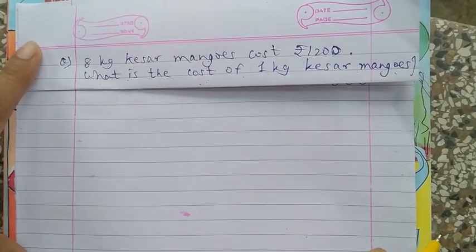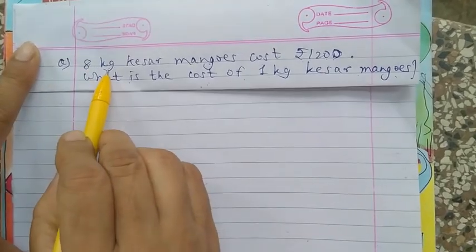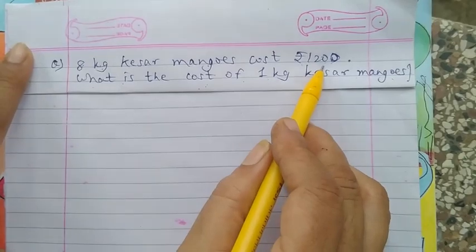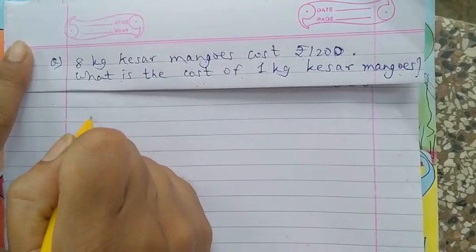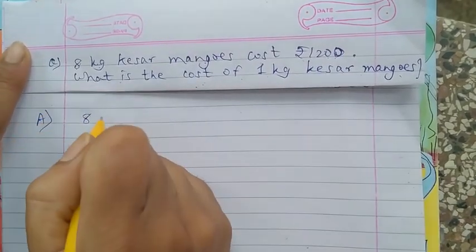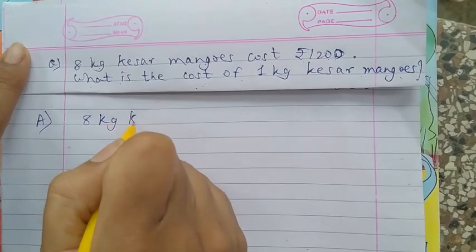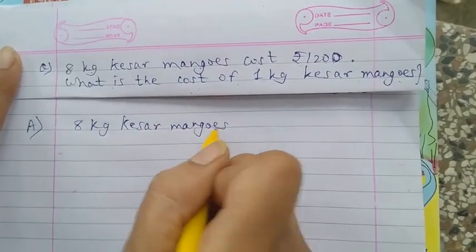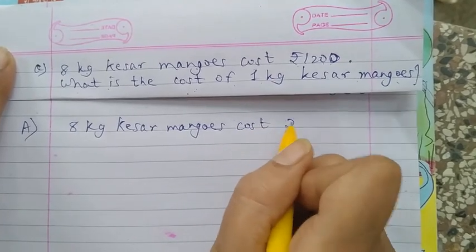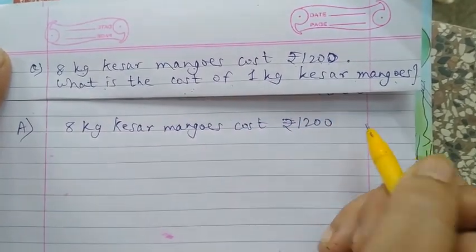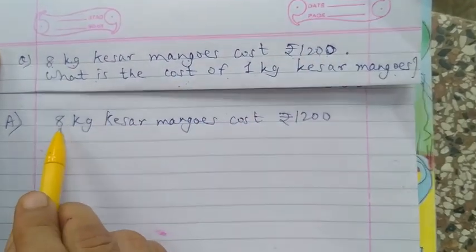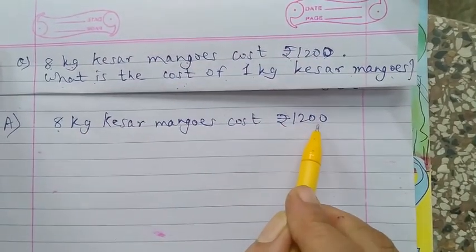Now next question. 8 kg Kesar mangoes cost rupees 1200. So I'll write the answer. 8 kg Kesar mangoes cost rupees 1200. So 8 kg, rupees 1200.